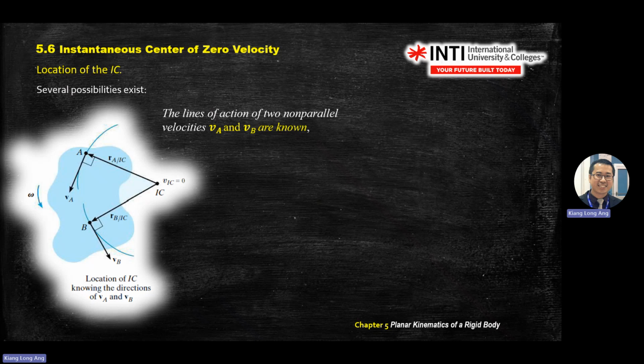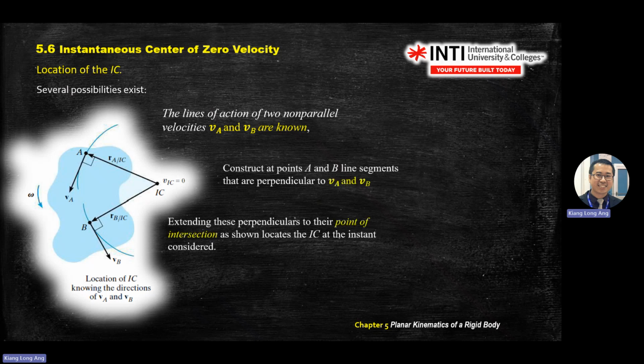So your arrow always points from the IC point to the velocity point. And by these vectors, you know that this body rotates anti-clockwise. If you join this vector, you're actually seeing this move rotating in the same direction. So this is how you do it.